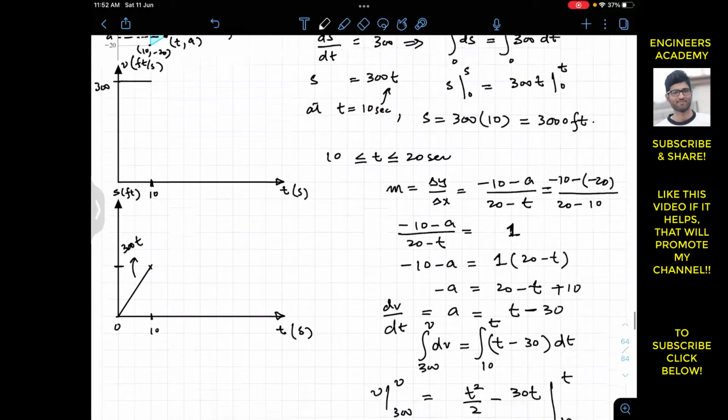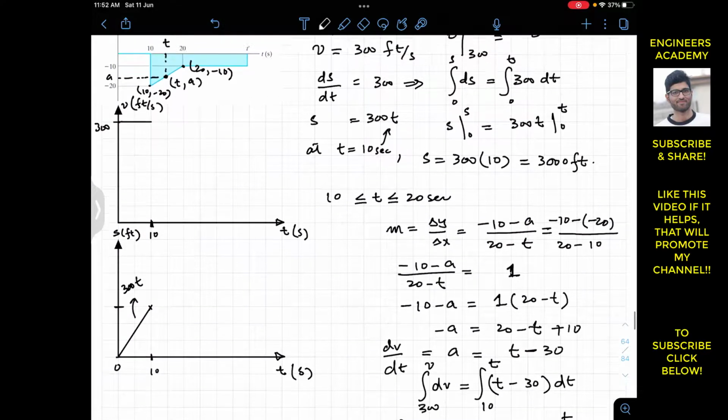So now let's find this point out. Somewhere here is 20 seconds, and 150 is somewhere here, since one unit is 50. So this is that point.